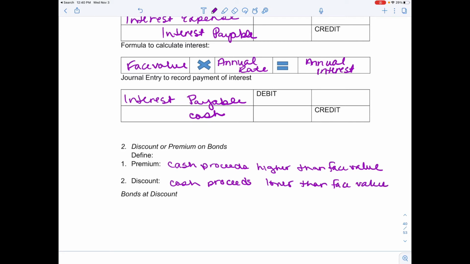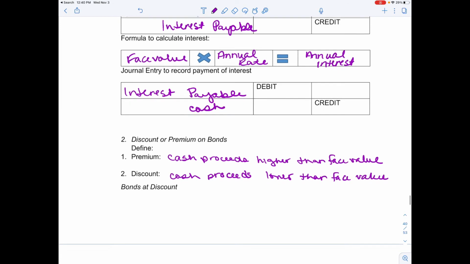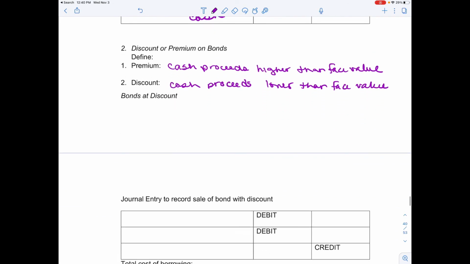And again, this is because of the market fluctuations. So if I'm selling a bond and I'm going to put it out there for $100,000, that doesn't mean that that person's going to spend $100,000 to get it. It all depends on what the market is doing. But I still have to pay back that full face value. So we'll show you what that looks like.